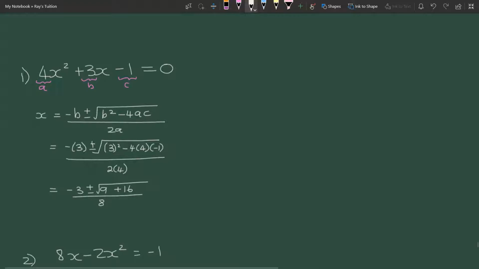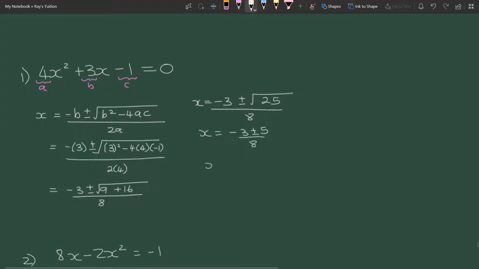So if we simplify this further, then we get minus 3 plus or minus the square root of 25, all over 8. Now 25 is a perfect square, so we can say that this is equal to minus 3 plus or minus 5 over 8.